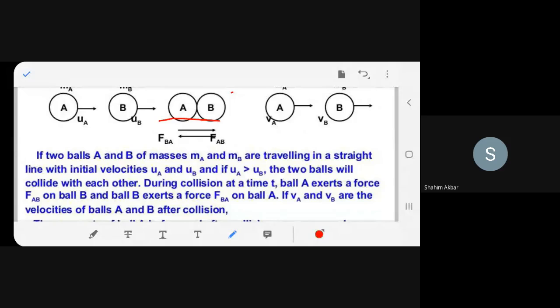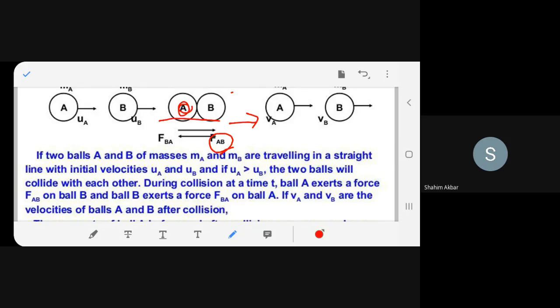At particular time t. So obviously ball A is exerting a force. Which force? FAB, A on B. Is it clear? So the direction will be like this.